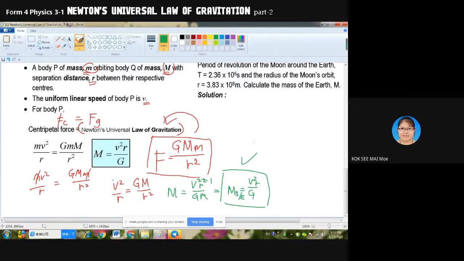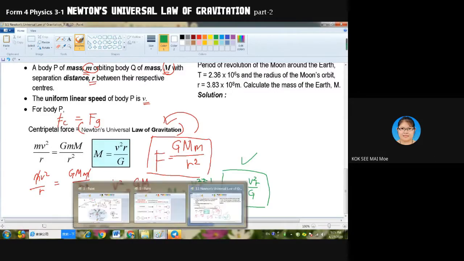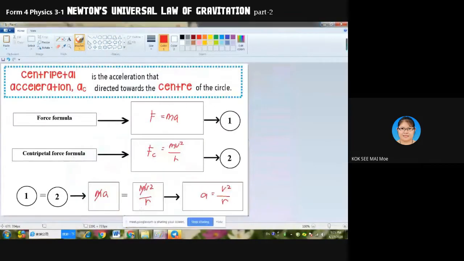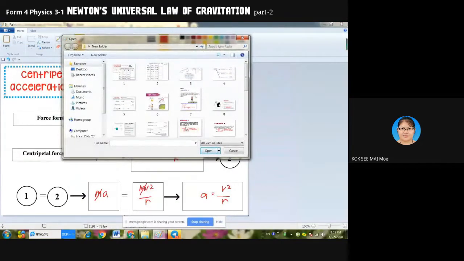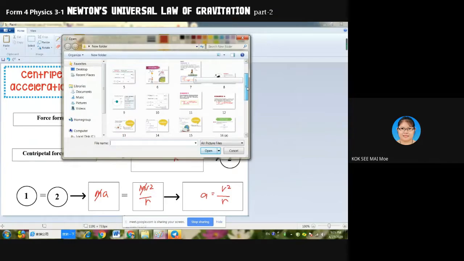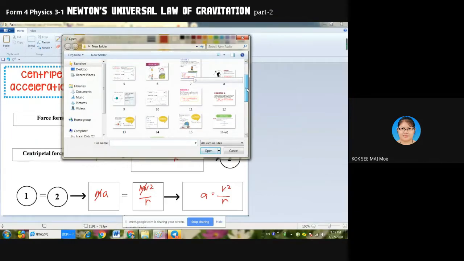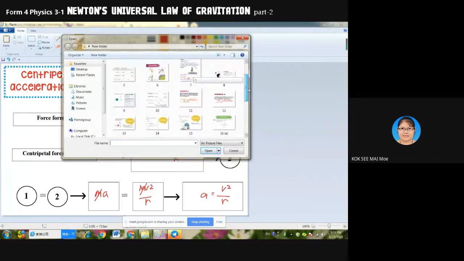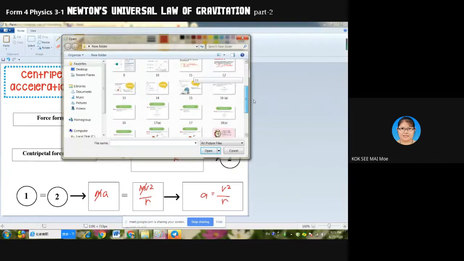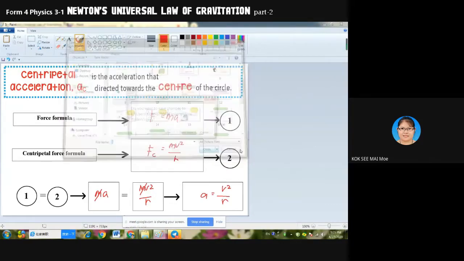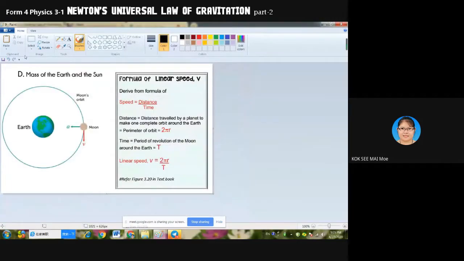Now I want to show you another thing. We go and see the formula. Just now I showed you the mass of the Earth and also of the Sun.